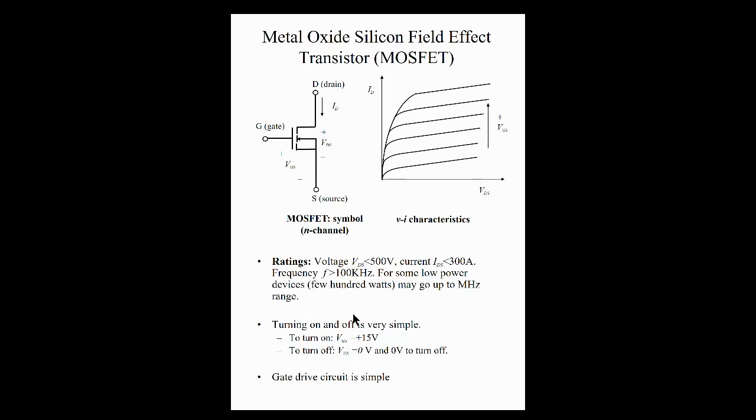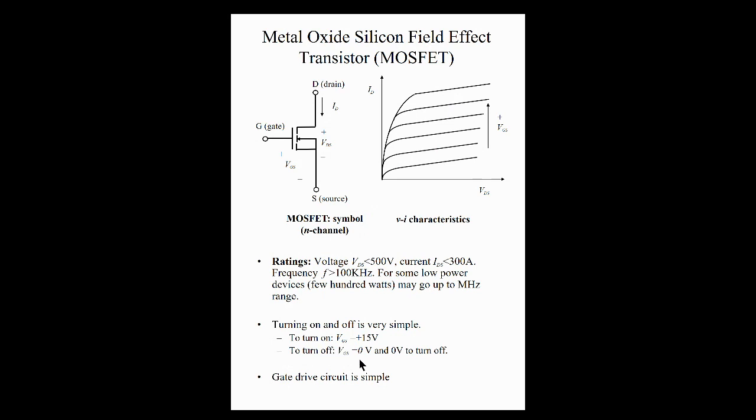All right, now we can move on to the MOSFET. For our MOSFET, we have these three terminals: our drain, our source, and our gate. The behavior is somewhat similar to the BJT. It has a turn on and turn off that requires a gate source voltage of typically 15 volts.